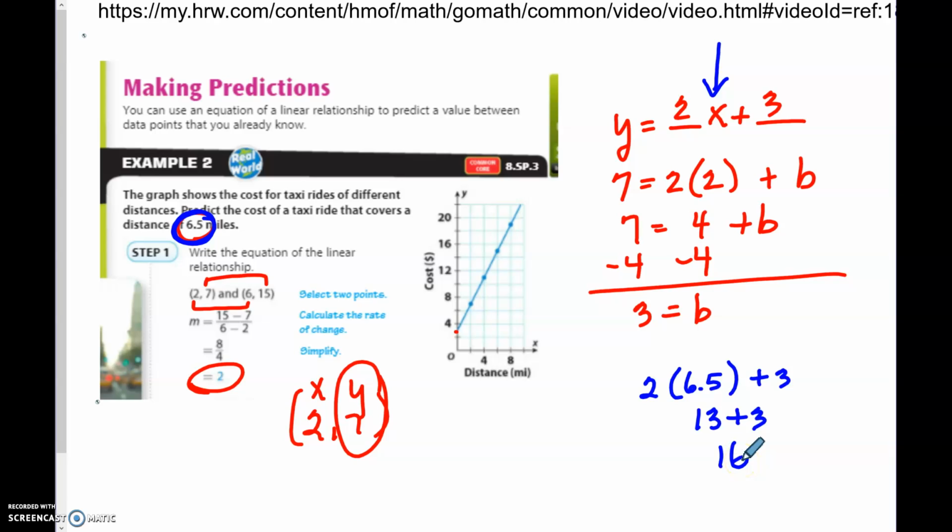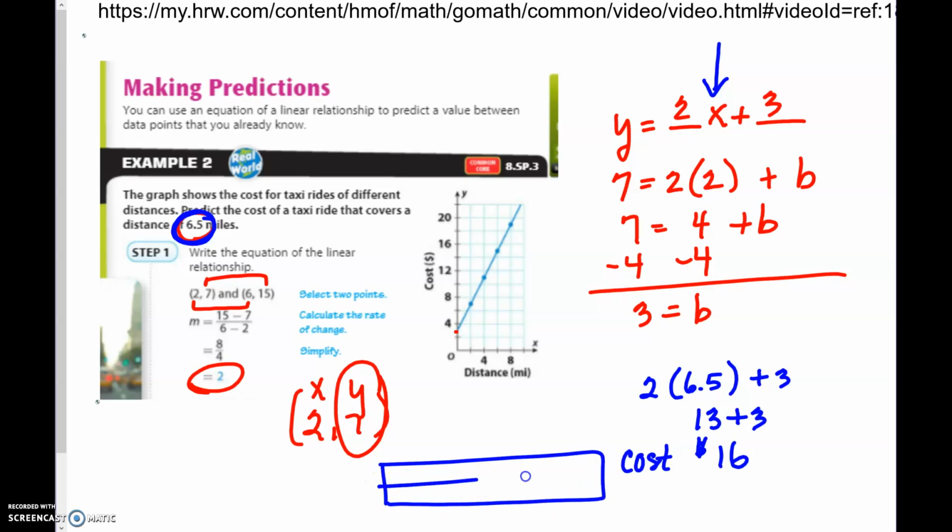So we would expect to go, if we're going to go 6.5 miles, we would expect the cost to be $16. Okay, so what I just kind of did here is making a chart. Okay, when we made our chart here, this is x, this is y, and they said if we went 2 miles, it would be $7.